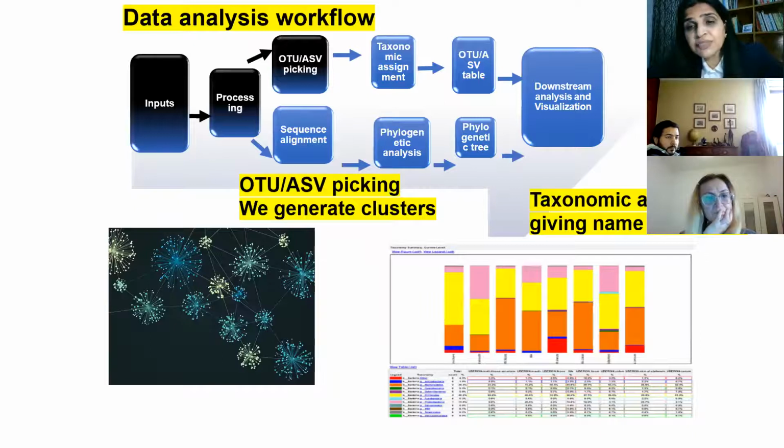And we have several problems when we're doing this. Actually, you would have realized that things are not as simple as they appear here, and I will explain that again with the help of one example. The same thing can be done by sequence alignment also, and we draw a phylogenetic tree with this, and then we label the branches, and we know which OTU or which ASV is present and what is the abundance of that.